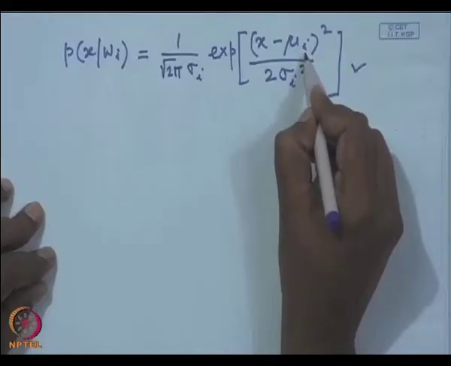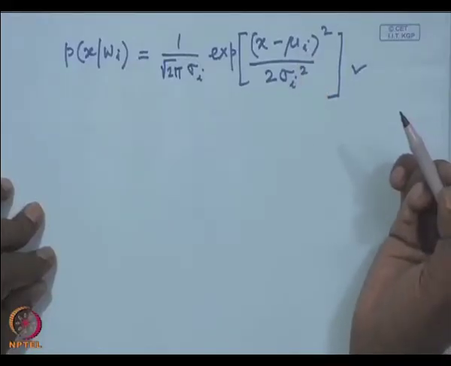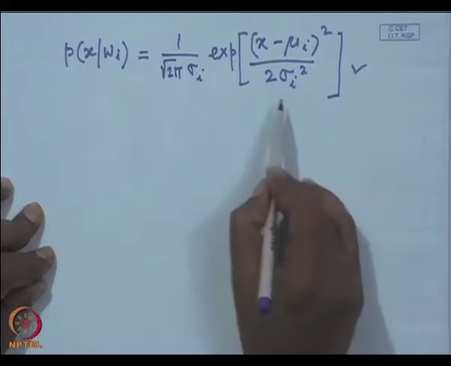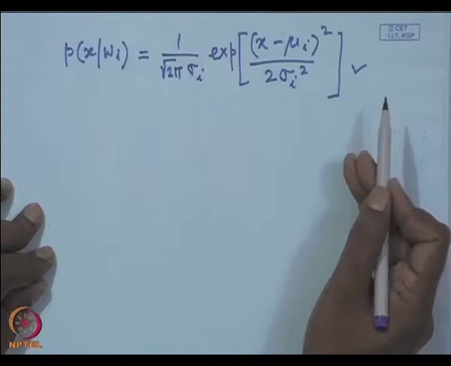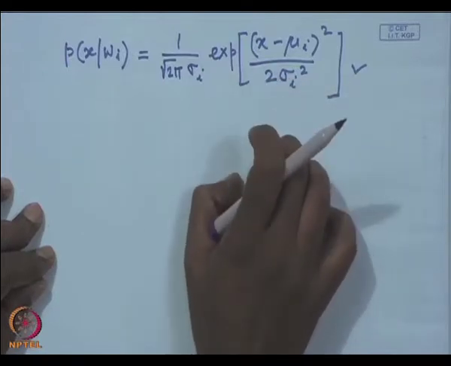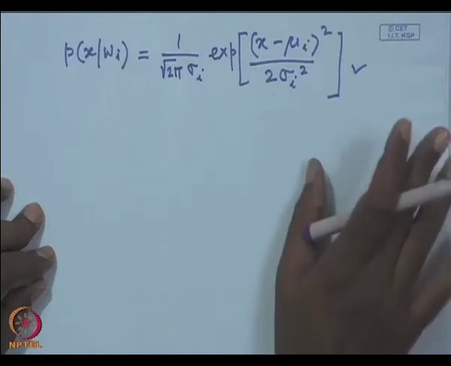I will not take any sample from class omega 1 or omega 2 or omega 4 and so on. Once I take only samples from class omega 1, this mu I simply becomes mu 1, and the variance that I compute, that is sigma I squared, becomes sigma 1 square. So, it is computed only from the samples which are taken from the corresponding class.